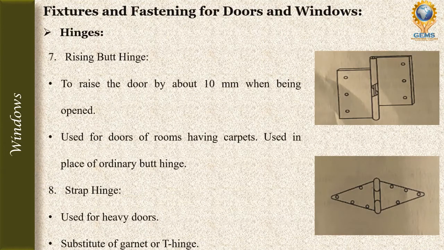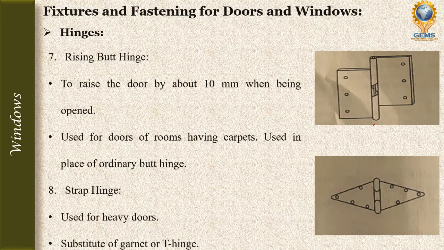Seventh is the rising butt hinge. We use this rising butt hinge if you want to raise the door by about 10 mm when being opened. When closing, it will be in the same position, but when you are opening it, it will rise by 10 mm.